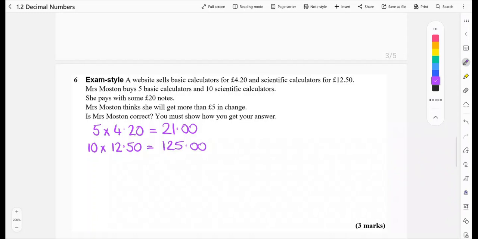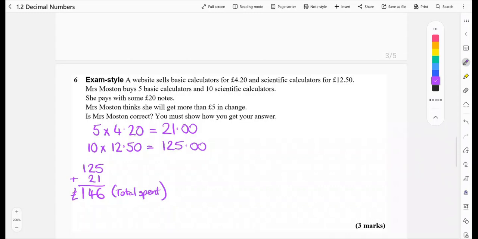So let's work out how much she spent in total. She has spent 125, add 21, and that gives me £146. And that's the total spent. Okay. Now we need to see how we're going to answer this question, because it says Mrs. Mostyn thinks she will get more than £5 in change. That's after paying with £20 notes.